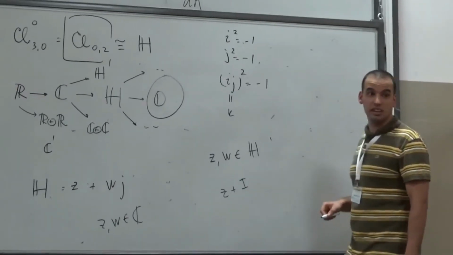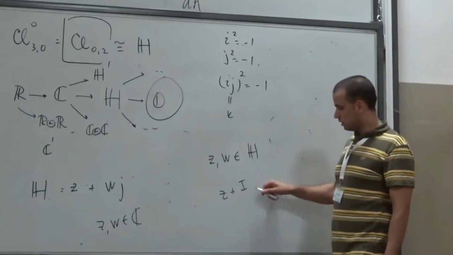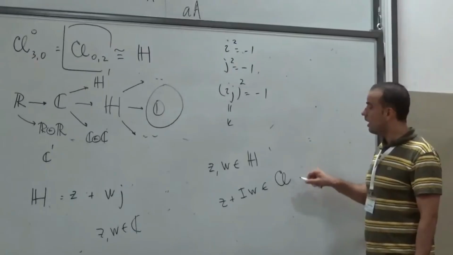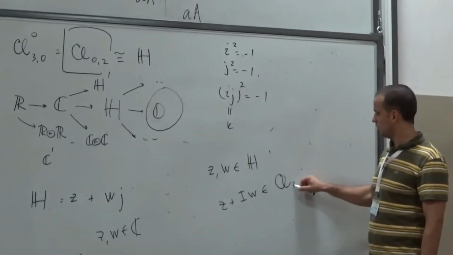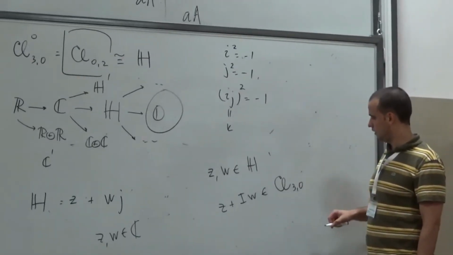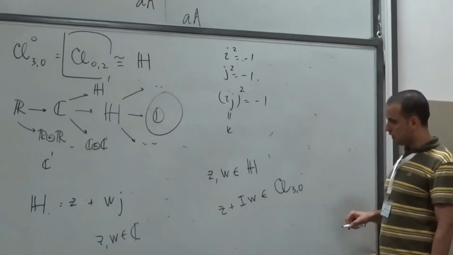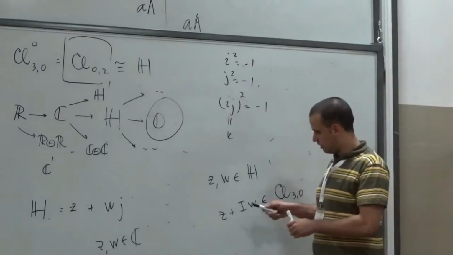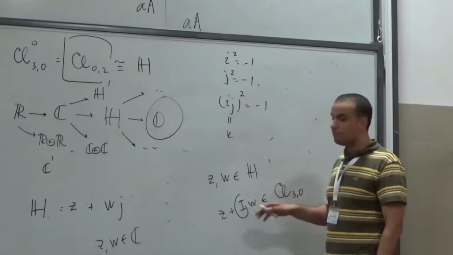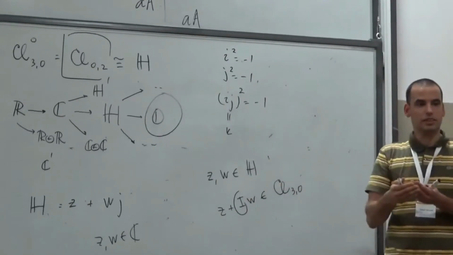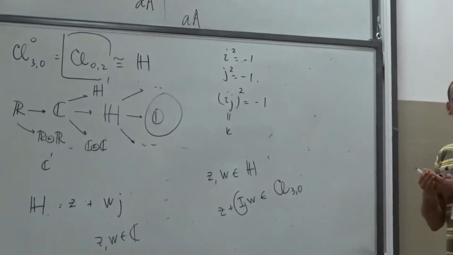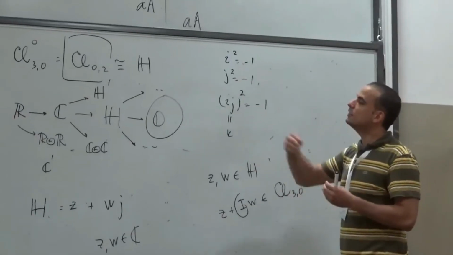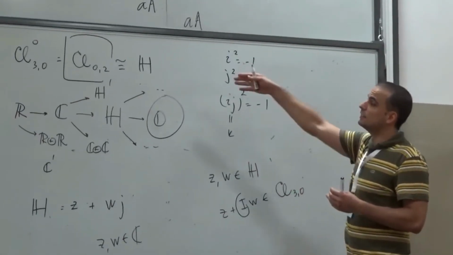Maybe big letter I. You want this to be a representative of the space algebra. Okay. What would this thing be? It's an analog of the imaginary unit, right? It's an analog of the imaginary unit.